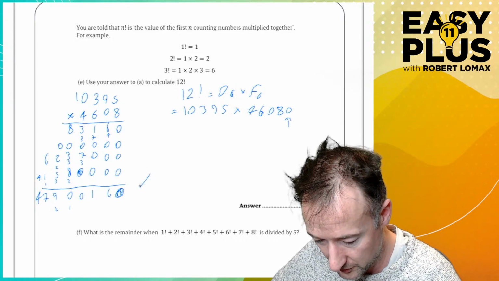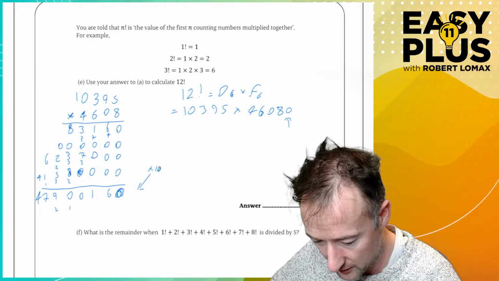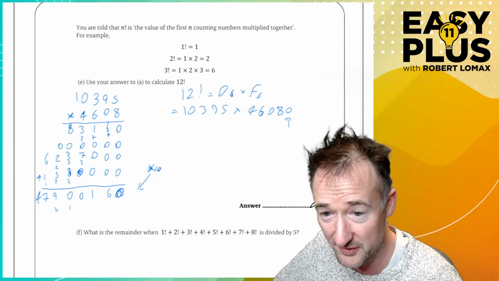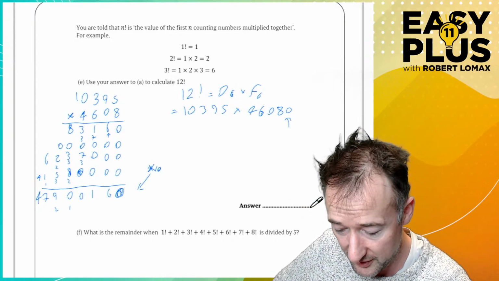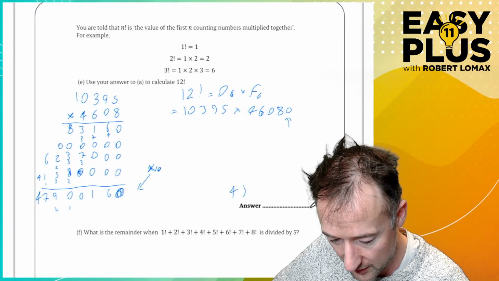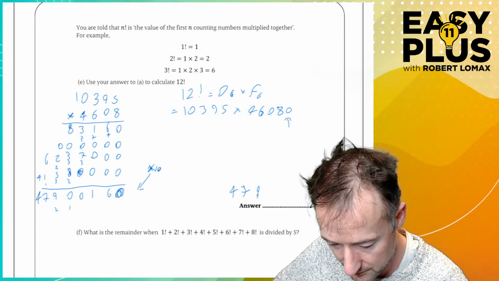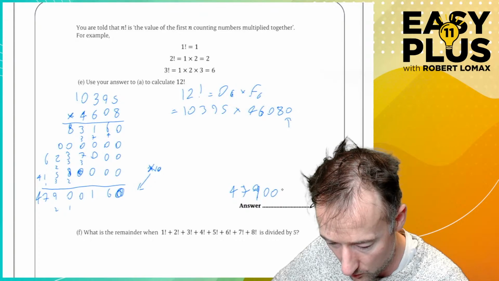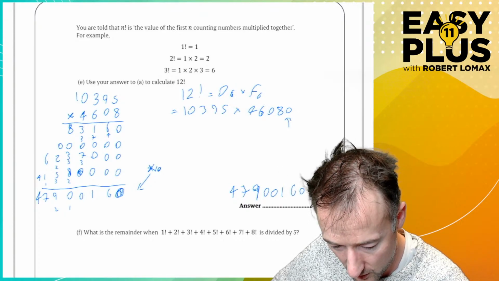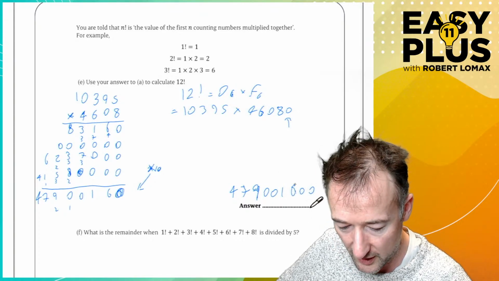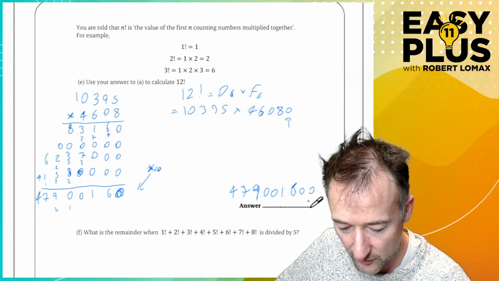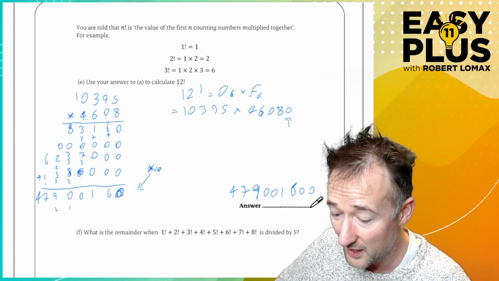So I'm just going to put a note for myself like that. Sloppy maths, but it saves me writing it out again in an exam. So the answer is actually 479,001,600. And that is 12 factorial.